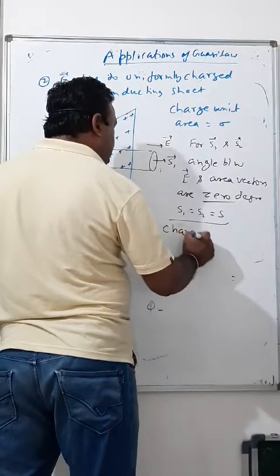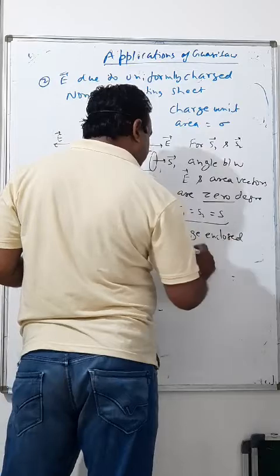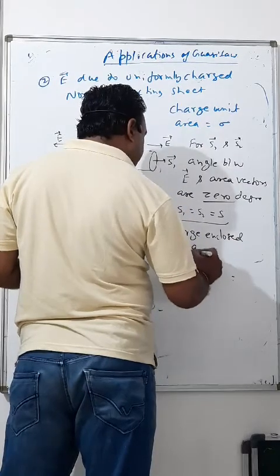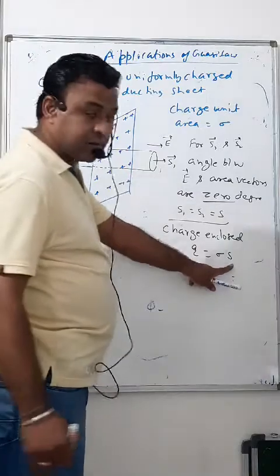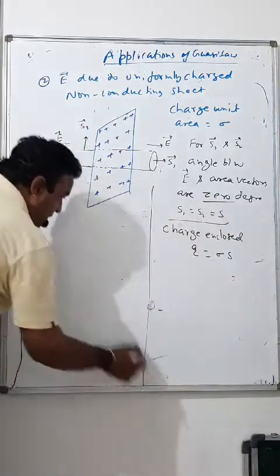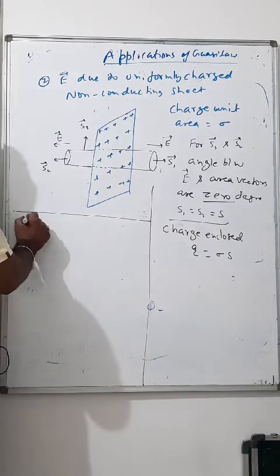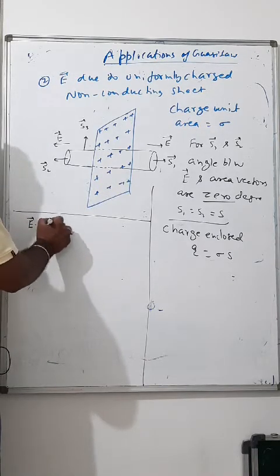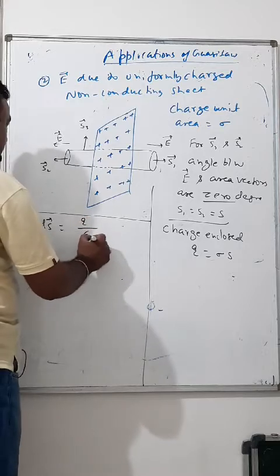Now I calculate the charge enclosed. Q I call sigma into S, charge per unit area into area. Now I apply E dot dS over closed surface equals Q upon epsilon naught.